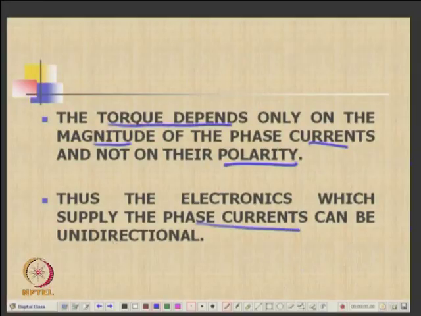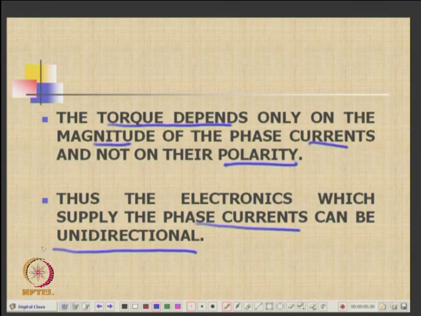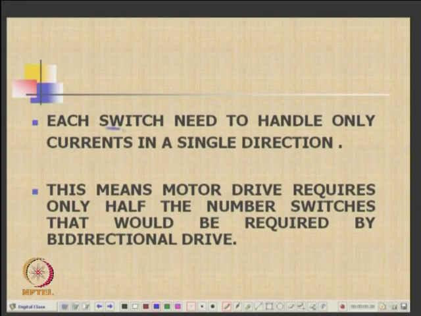So, the electronics which supply the phase currents can be unidirectional, right. You do not have to bother about reverse currents. Current will be flowing only in one direction in every coil. It will build up, it will come down, and so on. Each switch needs to handle only current in a single direction, so you have a simplification of the switch; it is a unidirectional switch.